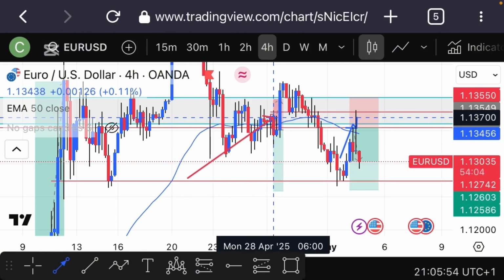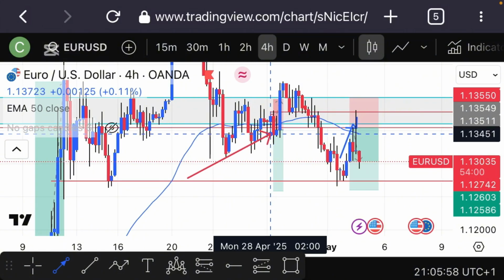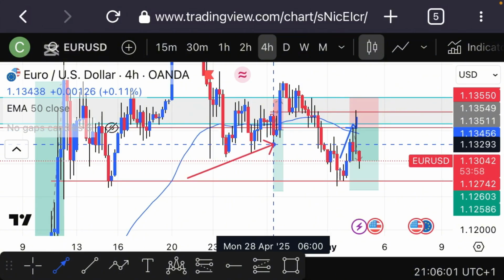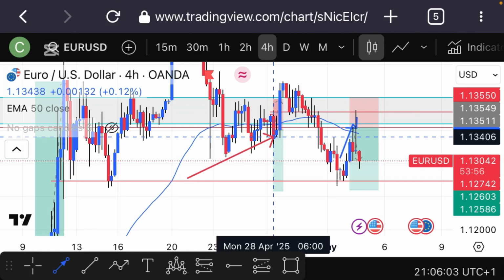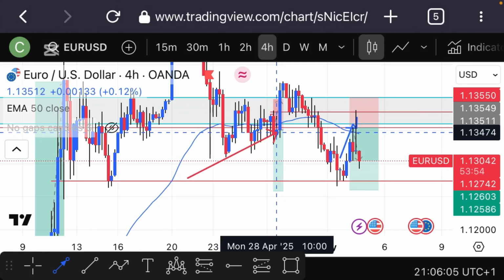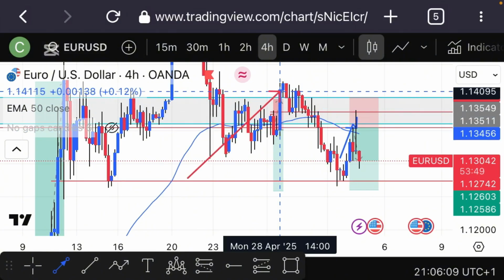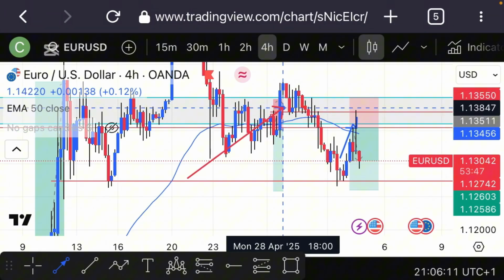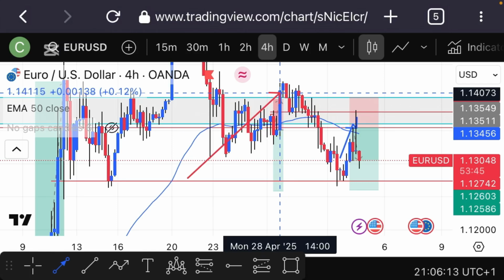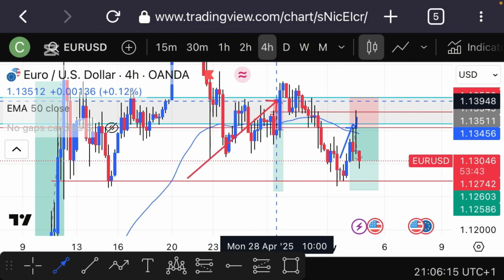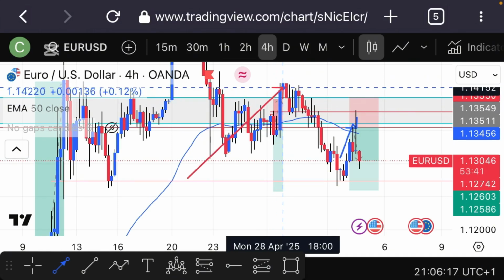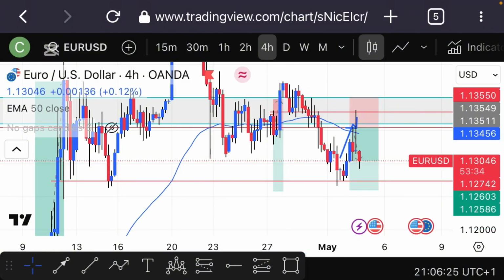It tried playing out in some profit, then the New York session came in with a liquidity grab. The market managed to take me out of this trade. By here I was out of this trade. My stop loss was hit. So that was it for that trade.